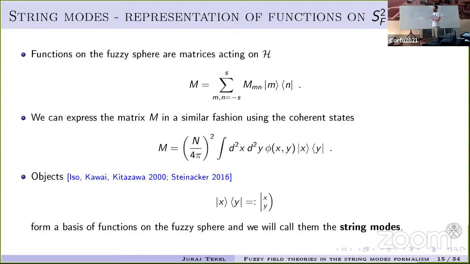And just as the objects |n⟩⟨n| form a basis in the space of matrices, so do the objects |x⟩⟨y|. So you take these objects, you give them a name, string modes, and you have basically constructed an interesting basis of n times n matrices in terms of the coherent states.